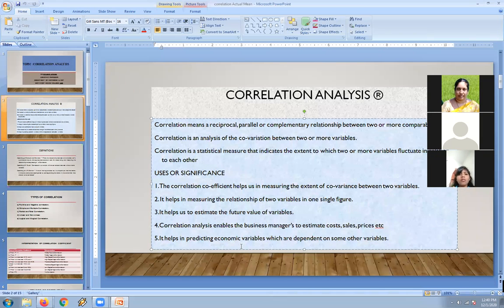With the help of correlation, business people can estimate the cost of production, the sales, and the prices, based on the cause and effect of the variables in the future. It also predicts economic variables which are dependent on some other variables.